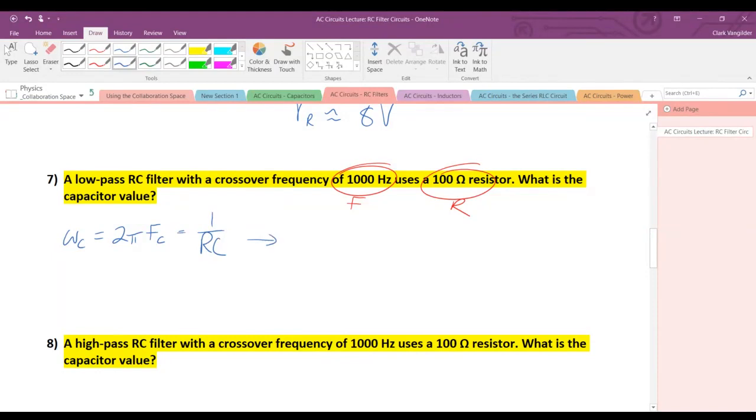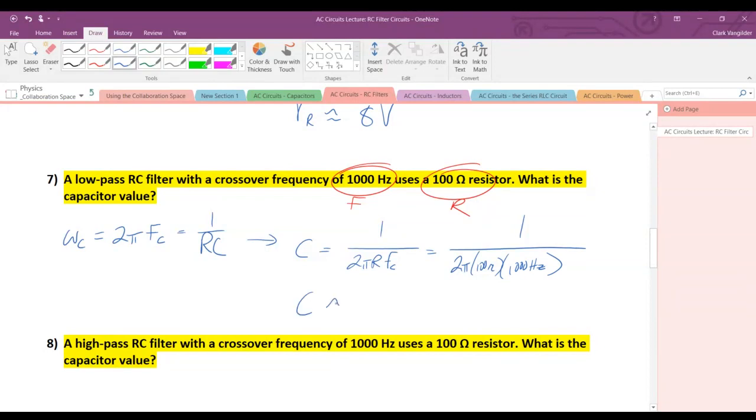So when we go to solve for our capacitor value, we will get 1 over 2 pi R fc, which means 1 over 2 pi times 100 ohm, and then we're going to be using this 1000 hertz.